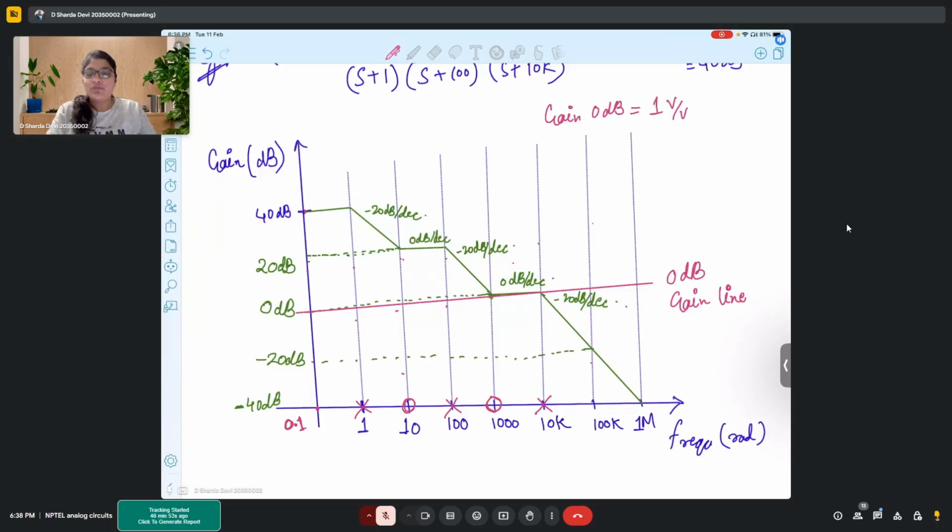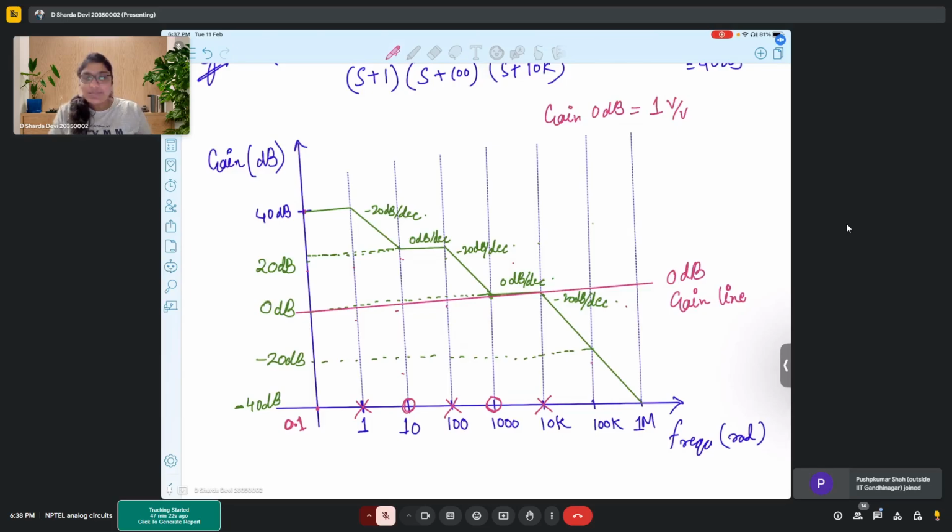Now, if we go below this, your output is actually smaller than your input, correct? So whatever gain you are getting above 0 dB, that is positive dBs, those are actual gains. But when your gain becomes negative in dBs, you are actually getting attenuation, right?